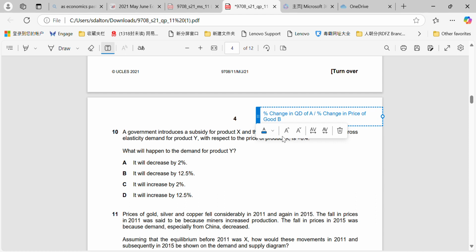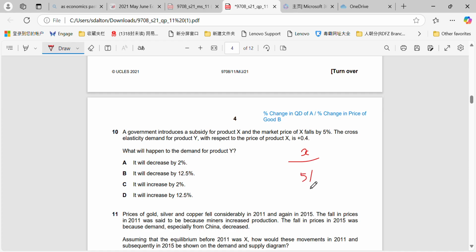of good B. So if we have the price of the other good, which is falling by 5%, we've essentially got X over 5% equals plus 0.4. Okay, now because it's a plus, that tells us they're substitutes.